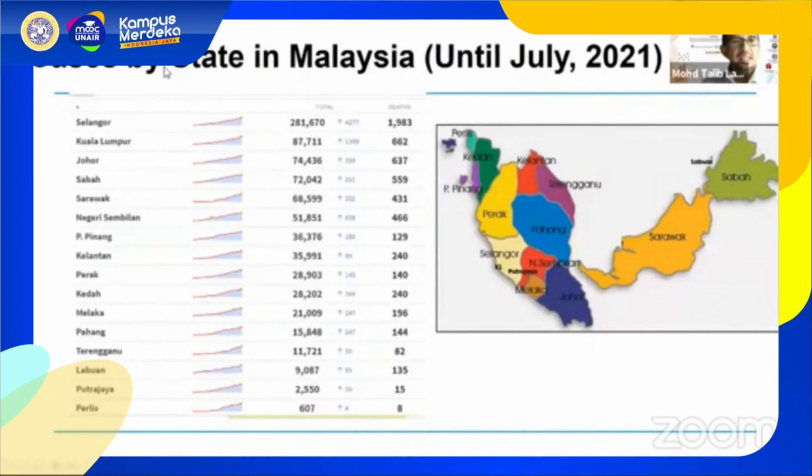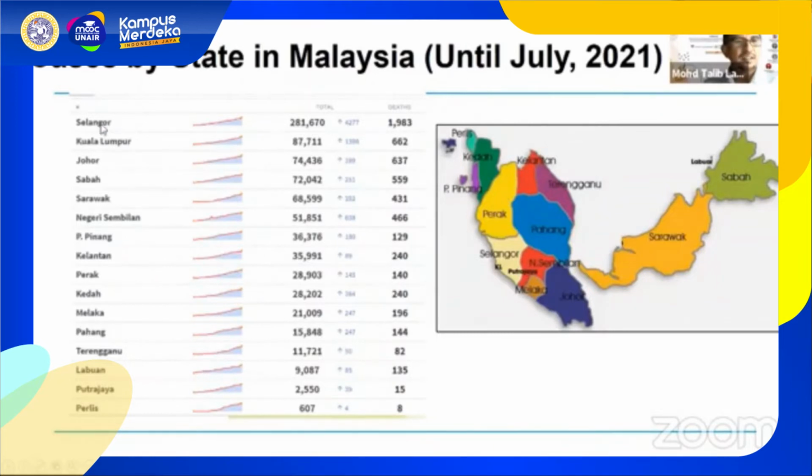This is cases by state in Malaysia. Actually, in Malaysia we have 13 states and what we call federal territories, which for the time being are 3: Kuala Lumpur, Putrajaya, and Labuan. And you can see the number of cases.